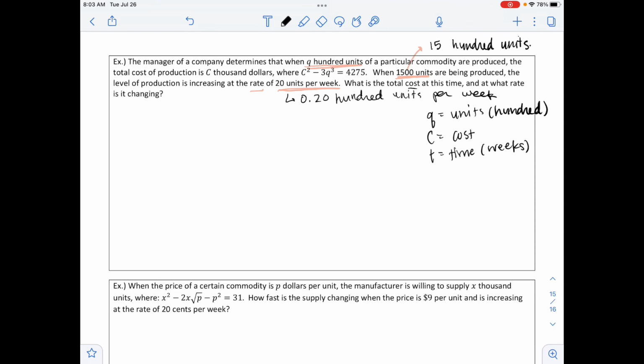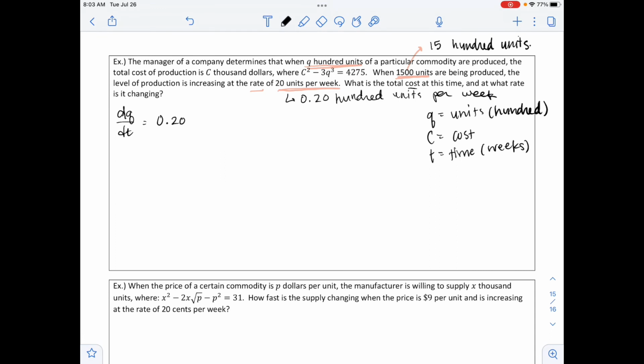The first thing that we have here is the rate of 0.20 hundred units per week that we just wrote down. Since it's a rate, we're going to write that as a derivative. Since Q is what we're using for units and T is what we're using for time, this is going to be dQ/dt, which is equal to 0.20. It's asking what is the total cost at this time and at what rate is it changing.